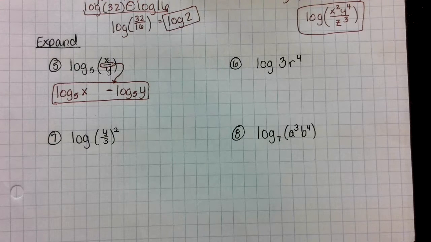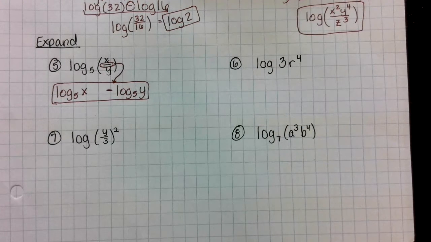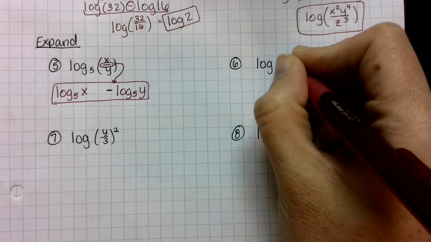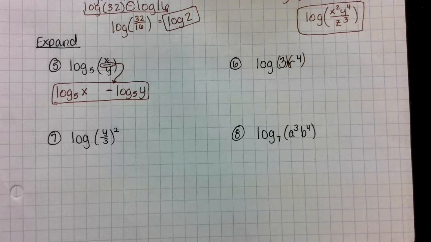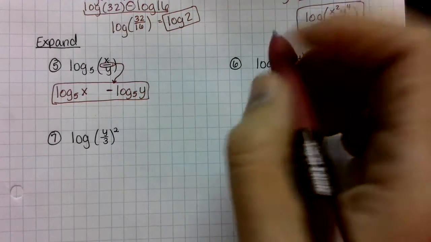Now, with a problem like number 6, I think one of the issues that I'm seeing is people are wanting to put the 4 clear out on the front, but what we have to realize is this is 3 times r to the 4th. So really, it's just 2 separate terms. So I'm going to have 2 separate logs, and the 4 is only attached to the r.